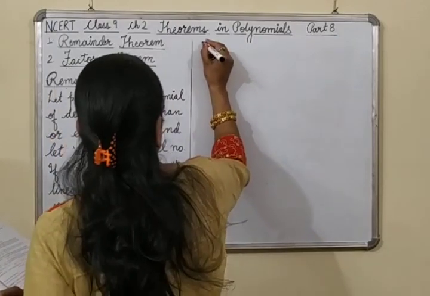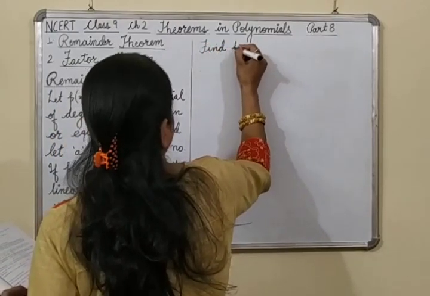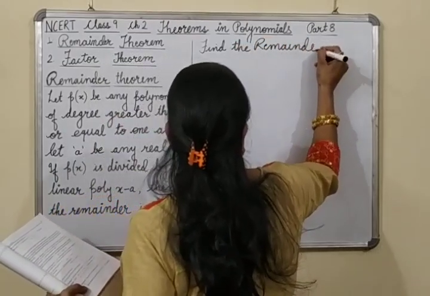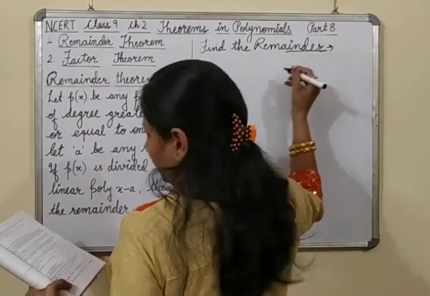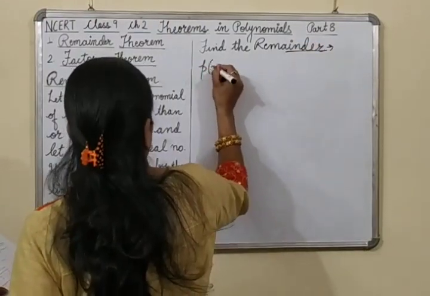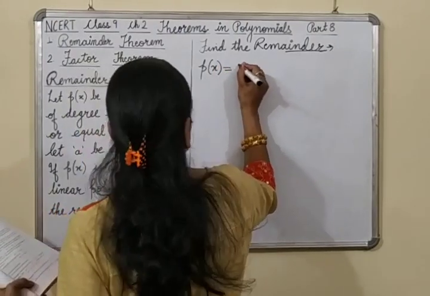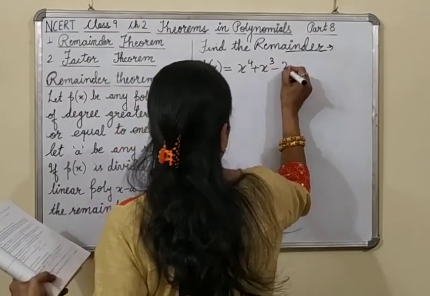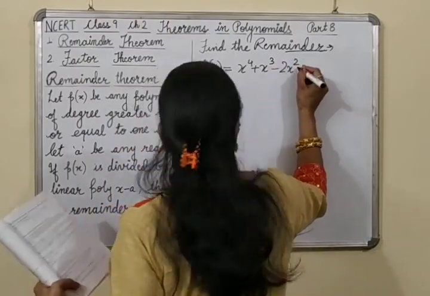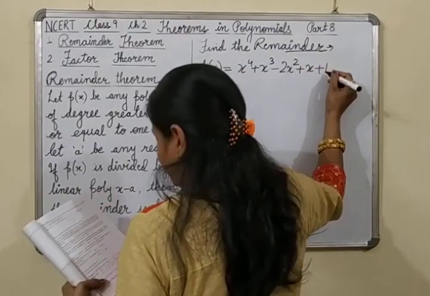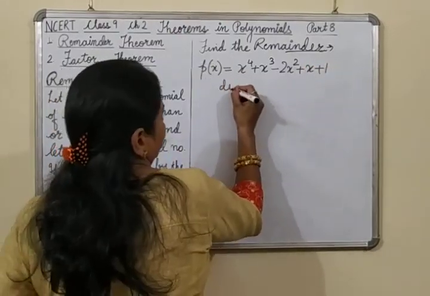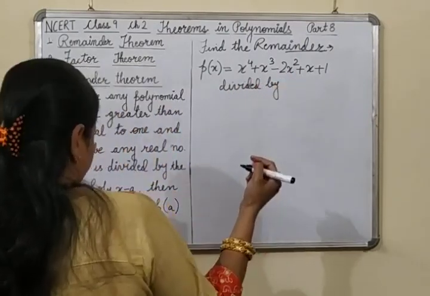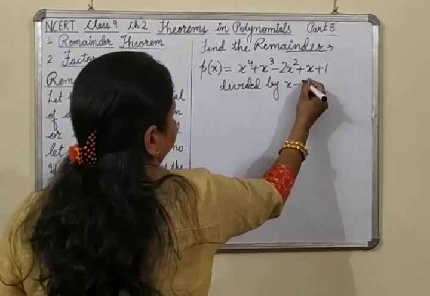You have taken a polynomial P of x, and the polynomial is x to the power 4 plus x to the power 3 minus 2x square plus x plus 1, and this polynomial is divided by x minus 1.